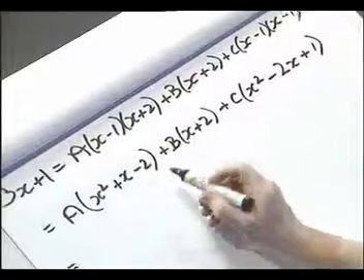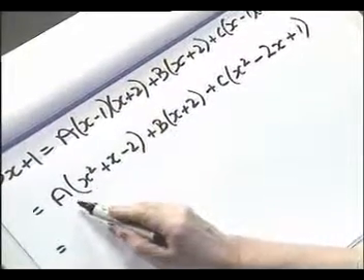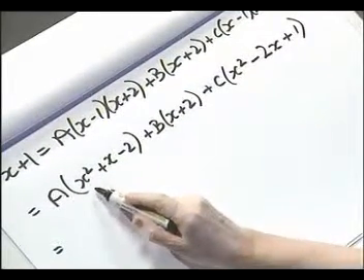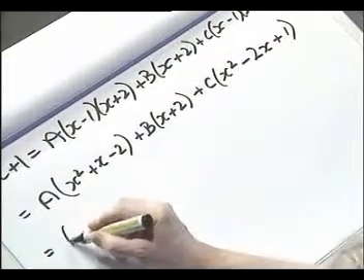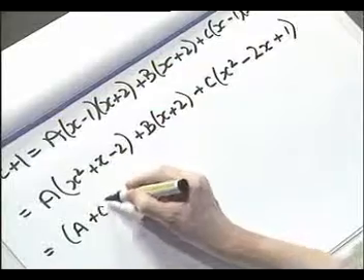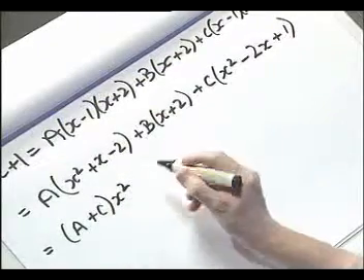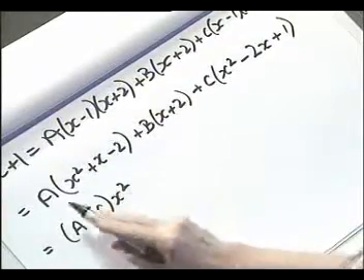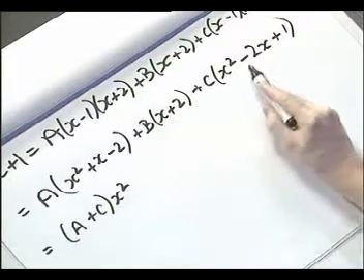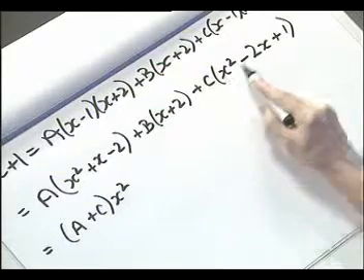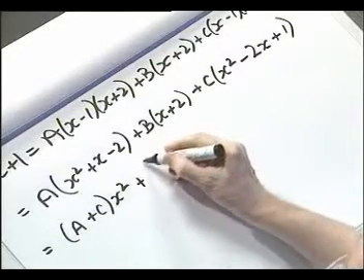I'm now going to collect up all the terms. For instance, we have an a times x squared here, and we have a c times x squared here. So we have a plus c times x squared altogether. We also have an a times x, a b times x, and a minus 2c times x.